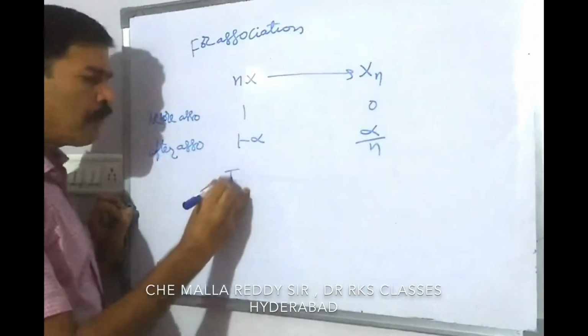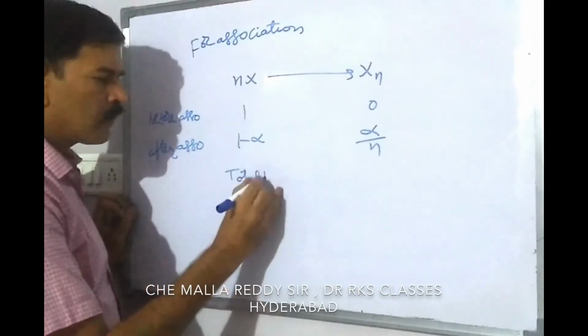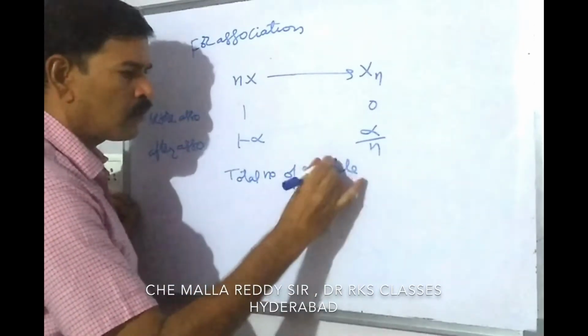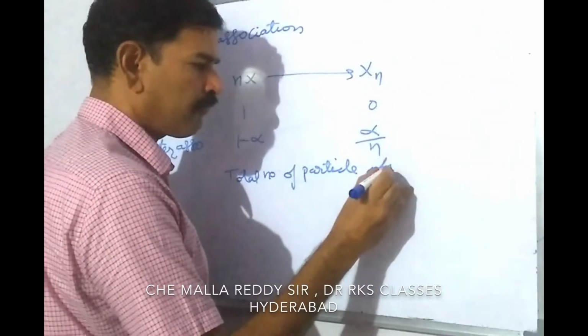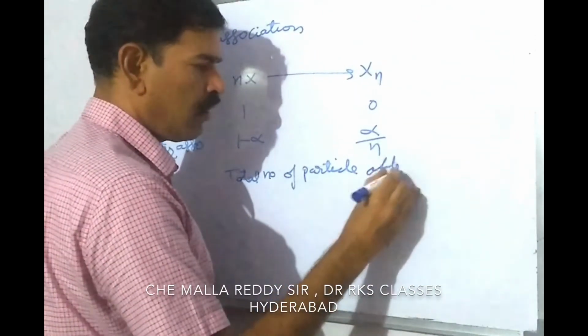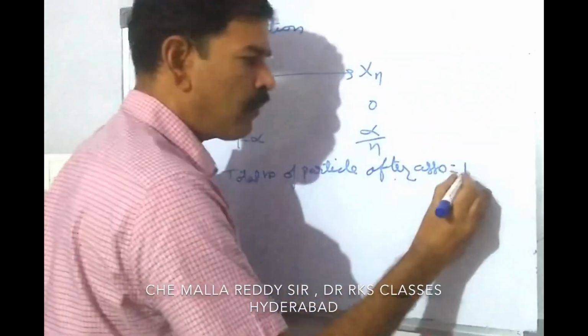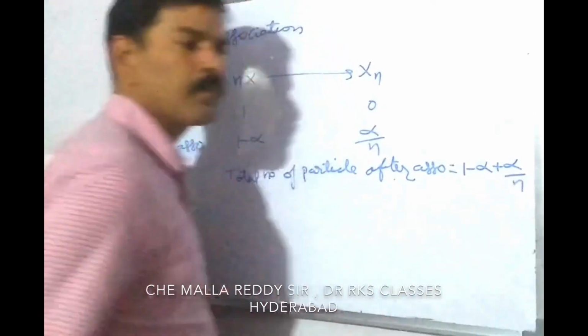The total number of particles after association is equal to 1 minus alpha plus alpha by n.